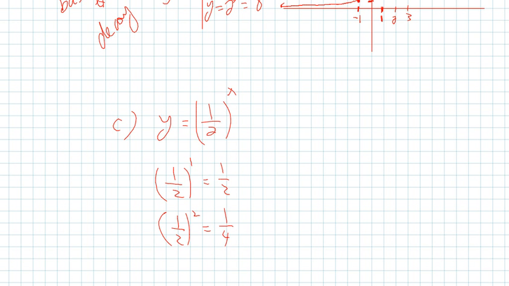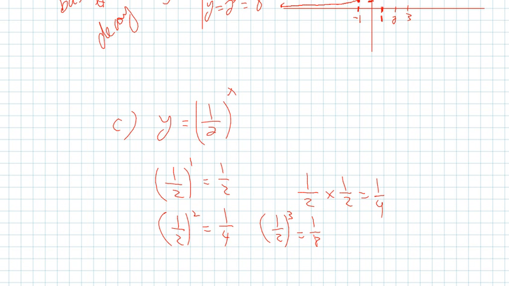Half times a half is 1/4. What if I have a half to the power of 3? 1/8, right? So the number is getting smaller and smaller as I'm increasing my exponent.